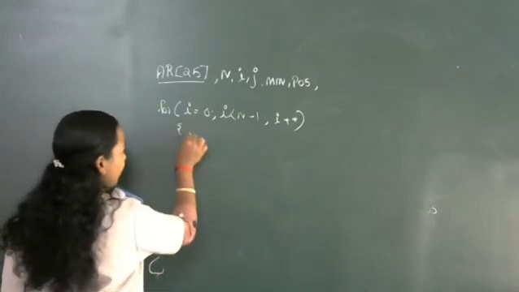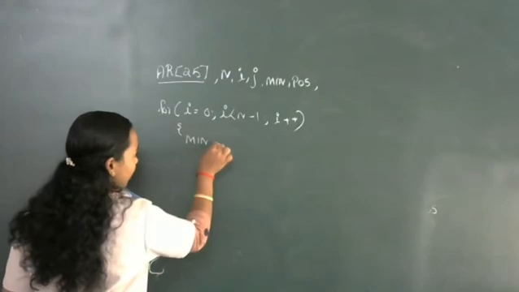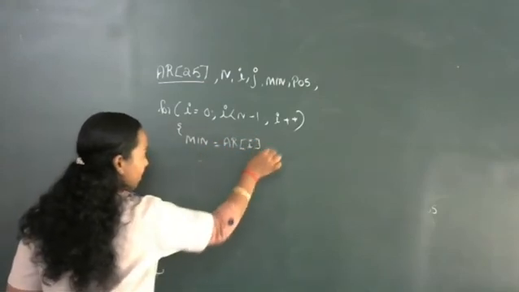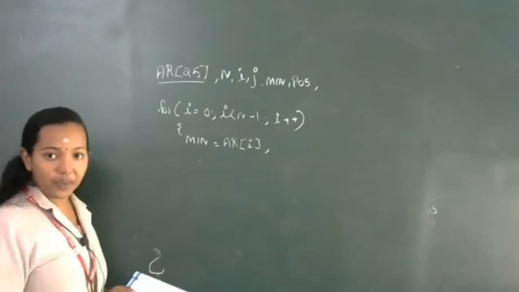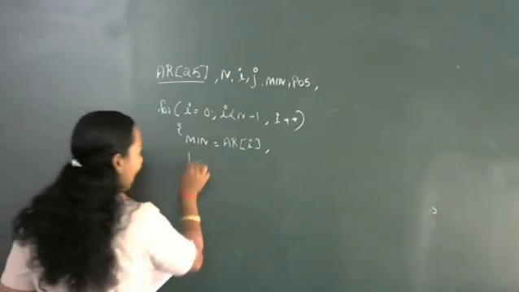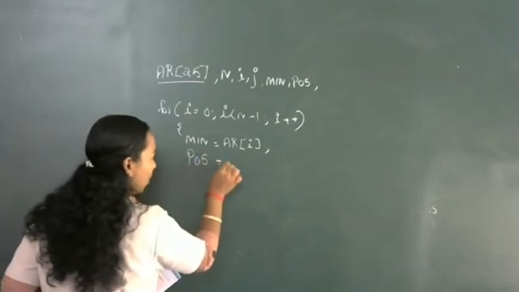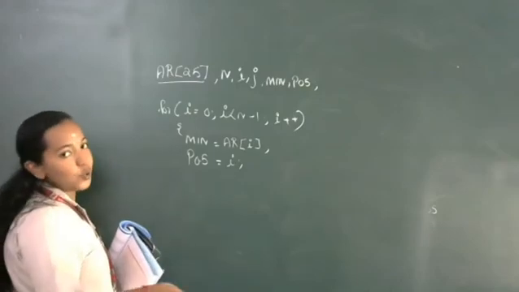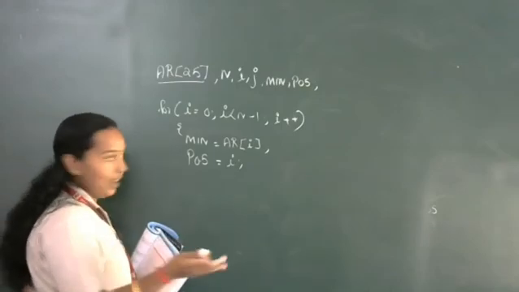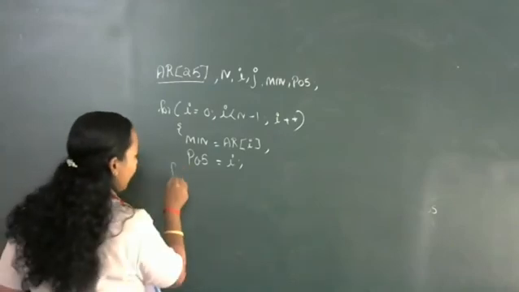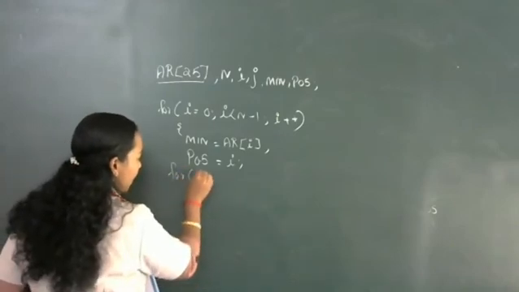So what is happening? The first element we assign to the variable min, that is, min is equal to AR of I, and the first position POS is equal to I. Then we are going to compare the elements. For comparing, we use another loop variable: for j equal to.